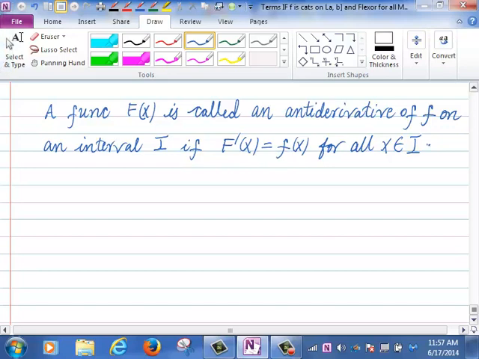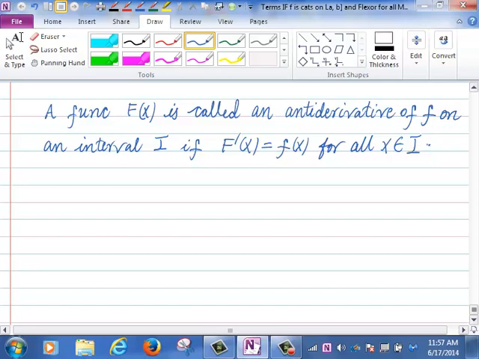Is everybody okay? So basically, capital F is the antiderivative of the lowercase f if the derivative of F is lowercase f.